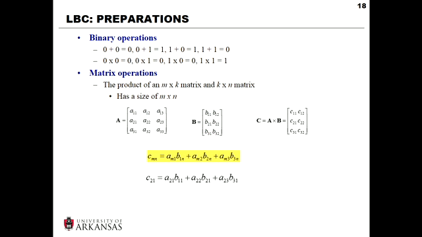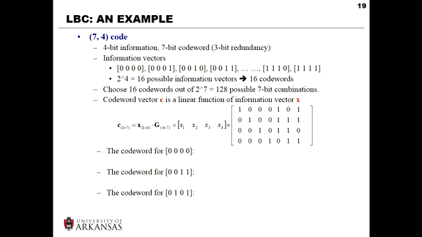So the product of an m by k and a k by n matrix will be an m by n matrix. Okay? The inner dimension is k columns in A and k rows in B. So that's just a quick review of basic matrix operation.